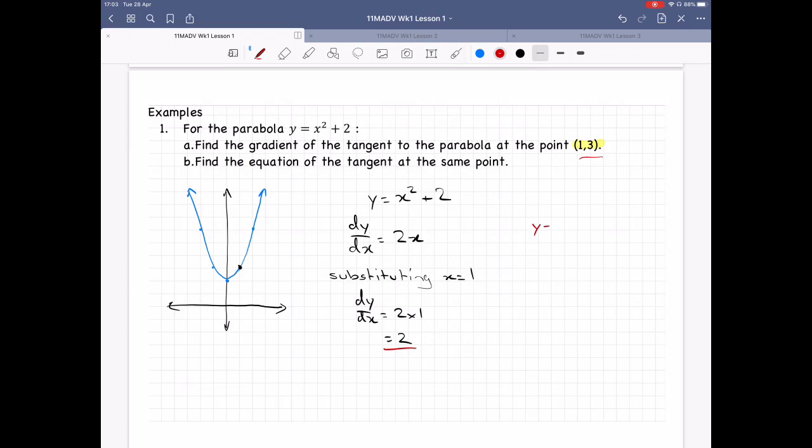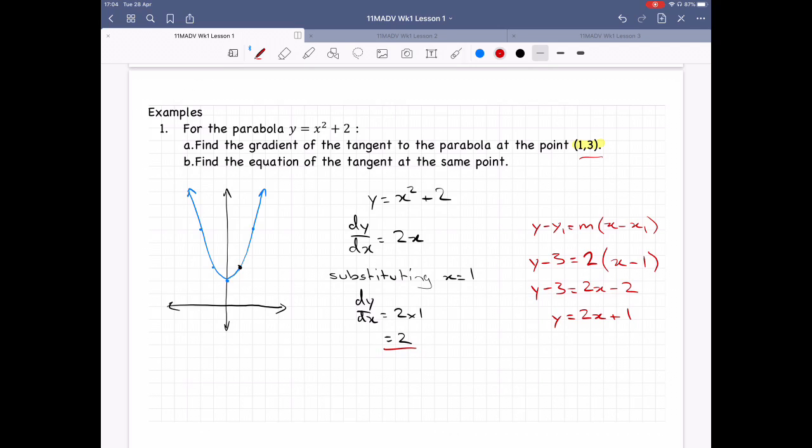So our point gradient formula, y minus y1 is equal to m outside of x minus x1. So y minus 3, which is our y1 value, is equal to the value of the derivative there, which is 2, outside of x minus our x1 value of 1. Expanding the brackets out, 2x minus 2, and moving the 3 across, we'll get y is equal to 2x plus 1.